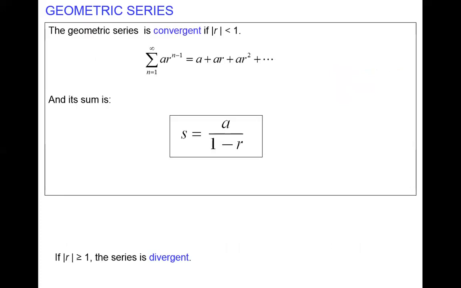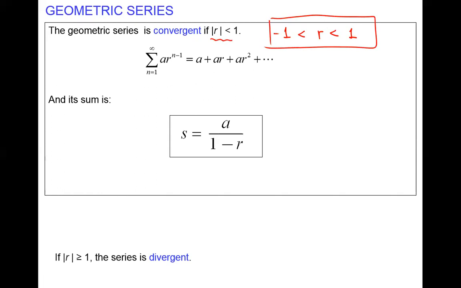The geometric series could be convergent or divergent. For the geometric series to be convergent, the common ratio must be less than 1 and greater than -1. That means if the common ratio is less than 1 and greater than -1, and this is the same notation using the absolute value, then the geometric series is always convergent.